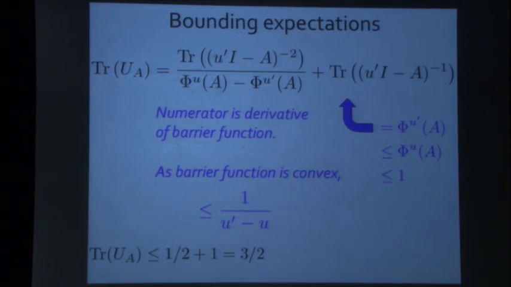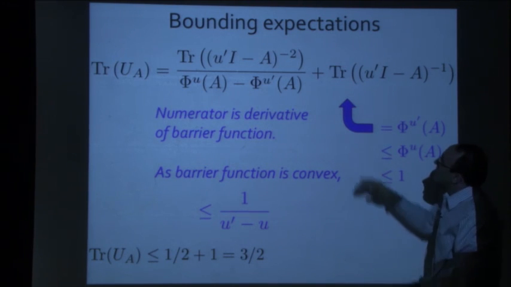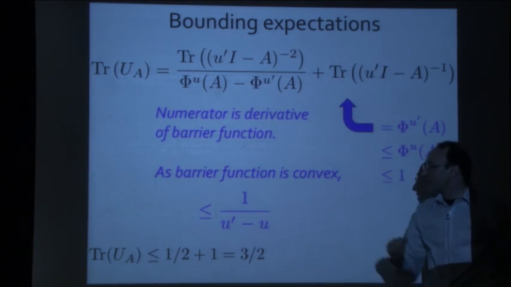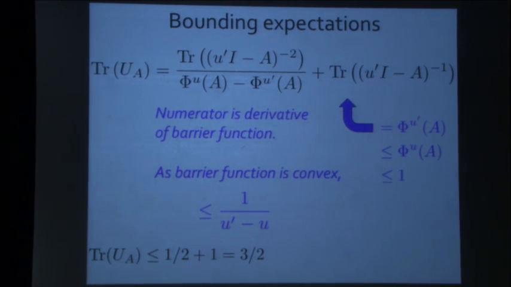So not only is it monotone decreasing, it's convex. That's actually pretty obvious for this barrier function. I'll show you other barrier functions on Wednesday for which it's less obvious. But once you know it's convex, it is very easy to see that this term is at most 1 over u prime minus u. And that tells me that the trace of this matrix UA is at most 3 halves.